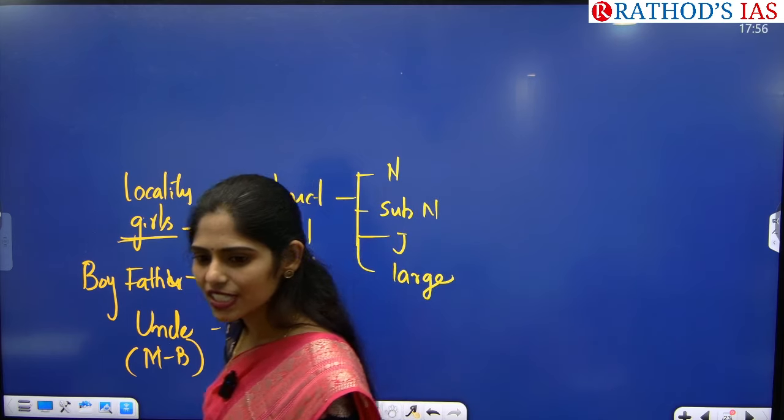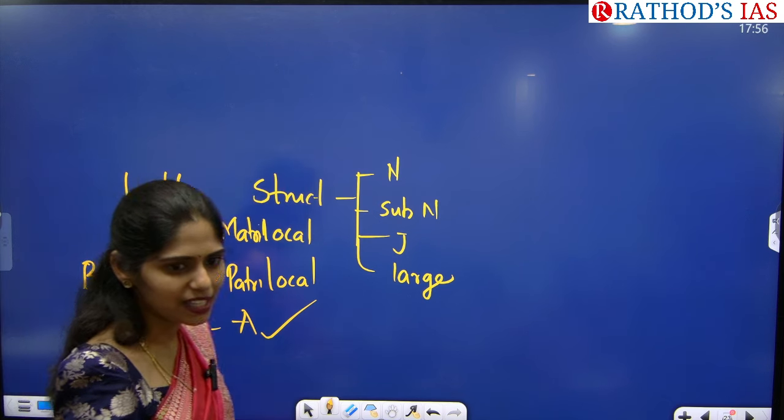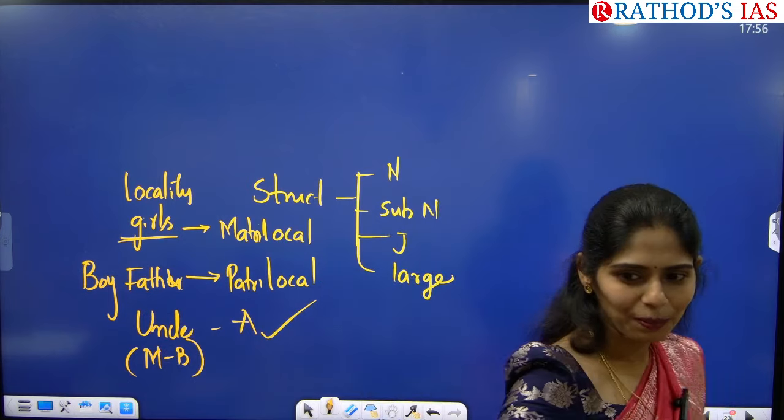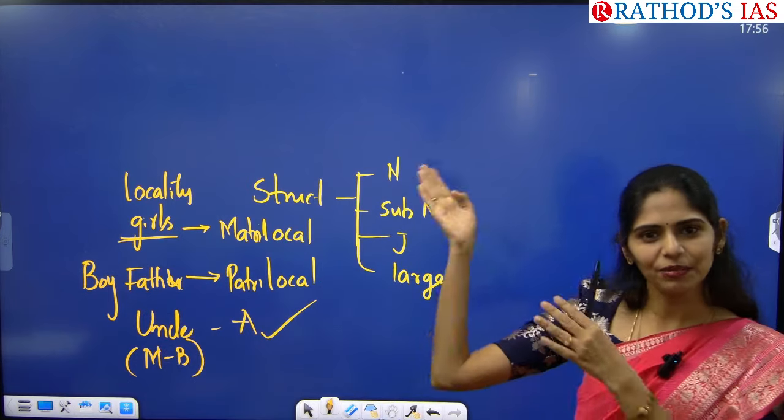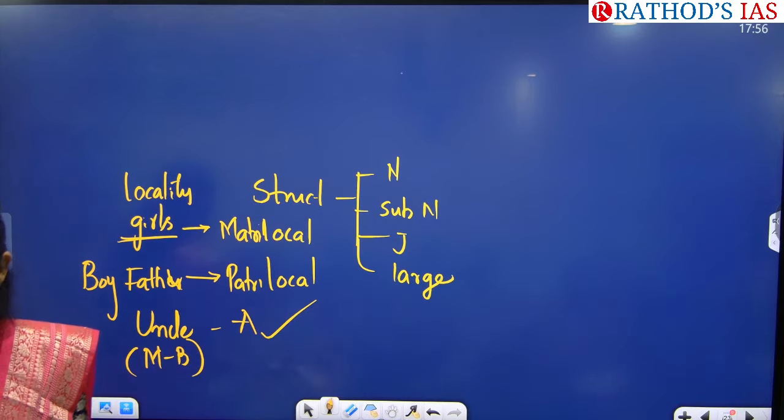And what is the word given in your syllabus? Succession. Succession is nothing but from where you are getting property. From your father's side, patrisuccessional. If it is from the mother's side, matrisuccessional.